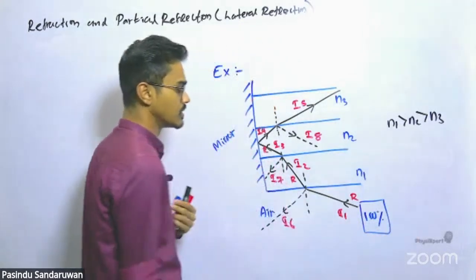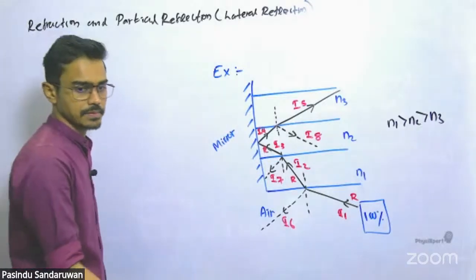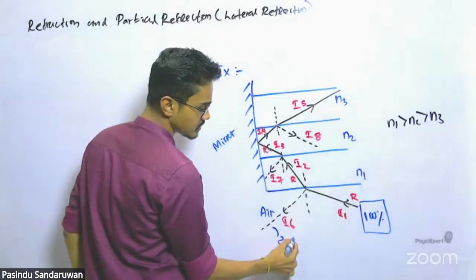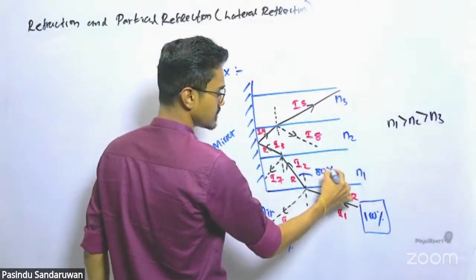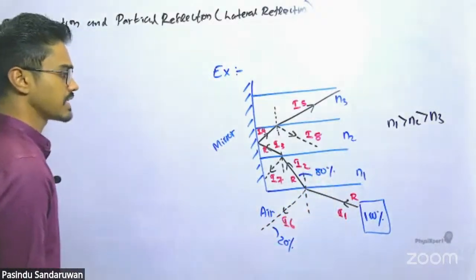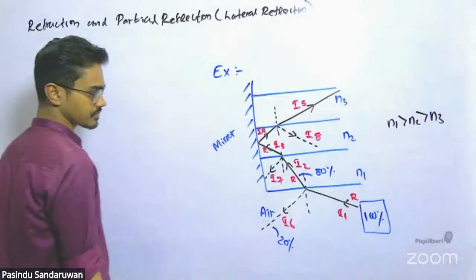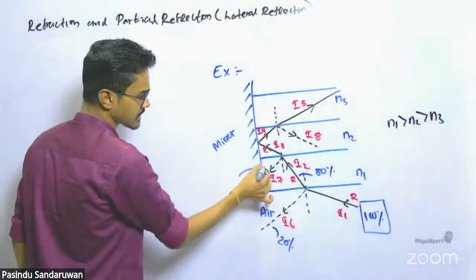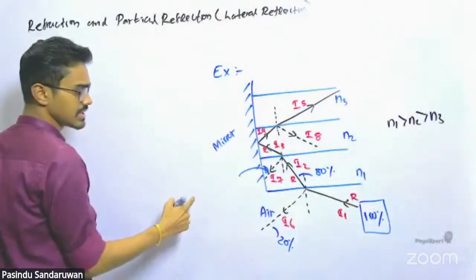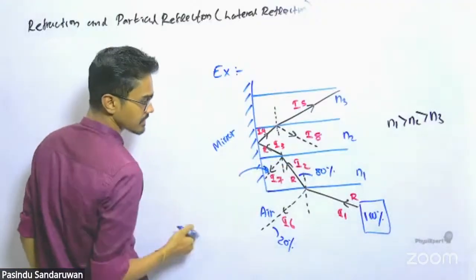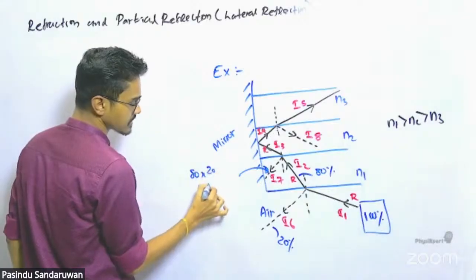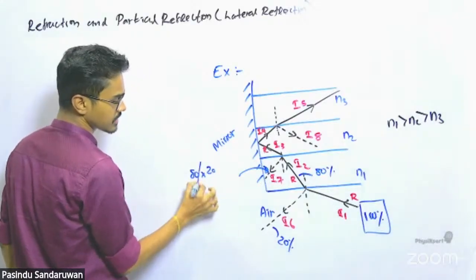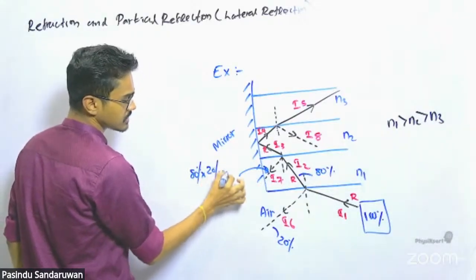Now if there is 100%, this becomes 20%, no? This is a partial reflection. And this becomes 80%. And now this is a partial reflection again. This is 20% from 80%, that is 16%.